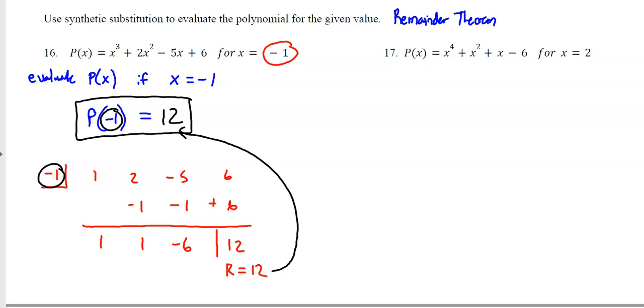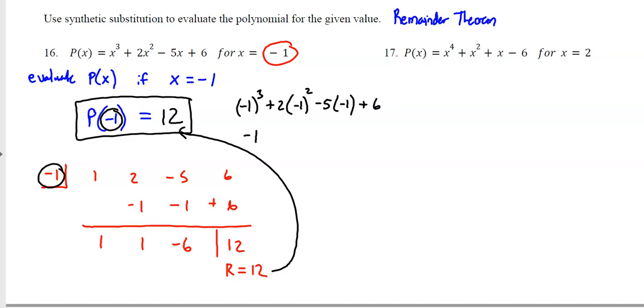And you could verify that. You could put the -1 in up above and see what shakes out. I'll just do this to verify it really quick. -1 to the 3rd power plus 2 times -1 squared minus 5 times -1 plus 6.